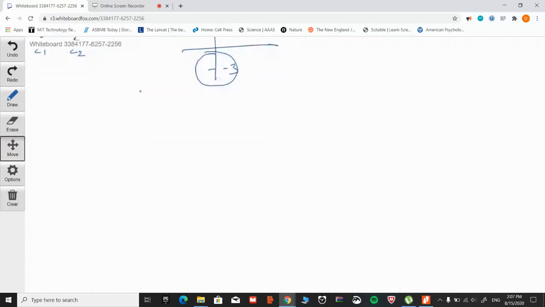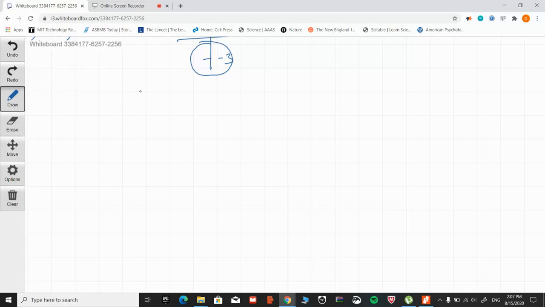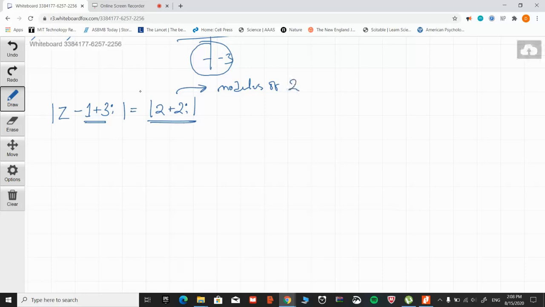Now again, I'm going to play around with the format a bit more in this particular example. Let's say I say the modulus of z minus 1 plus 3i is equal to the modulus of 2 plus 2i. Now, this might seem a bit intimidating again. Well, the good thing is, this simply means the modulus of 2 plus 2i.